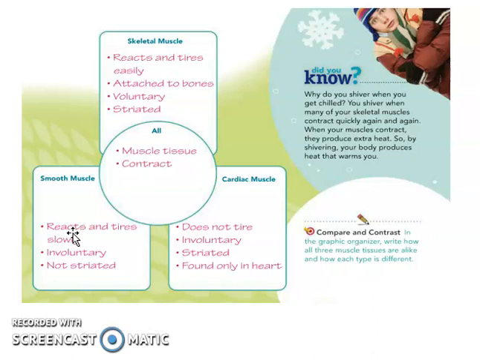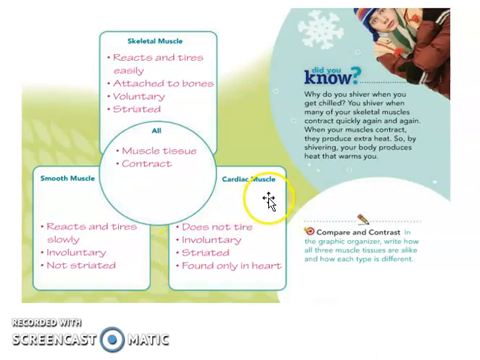When you're filling your stomach, it becomes big, so it reacts. Okay? At the same time, it tires slowly. Next, it is involuntary. You cannot command your stomach, it digests automatically. The arrangement of smooth muscle is not striated.